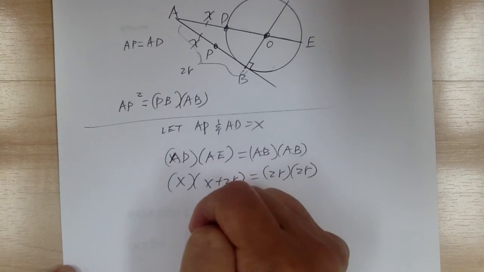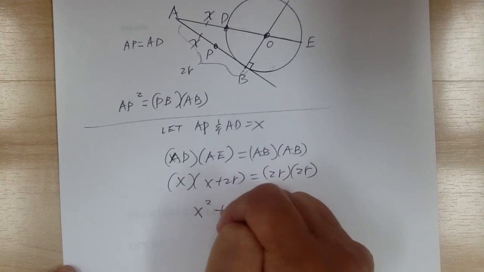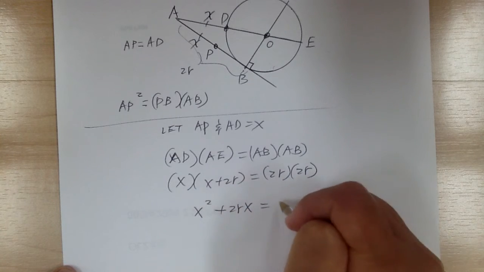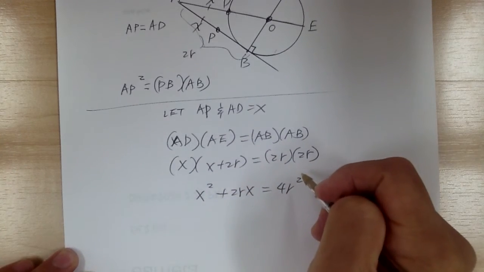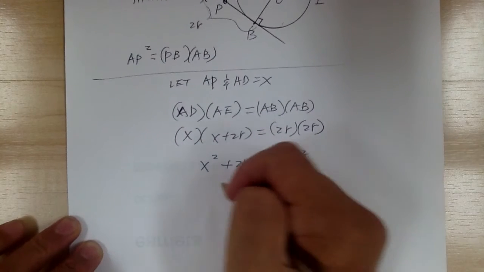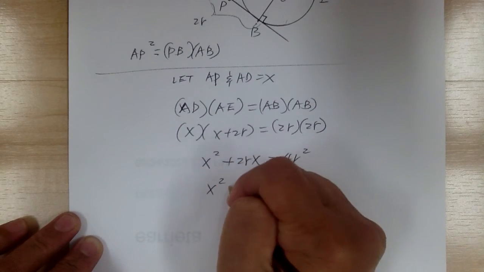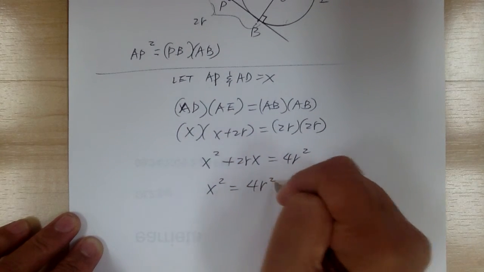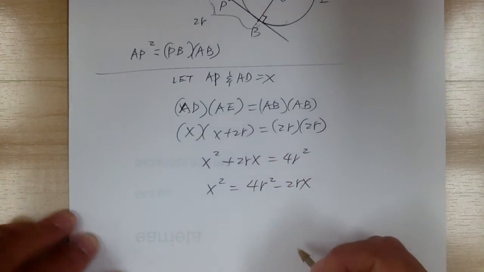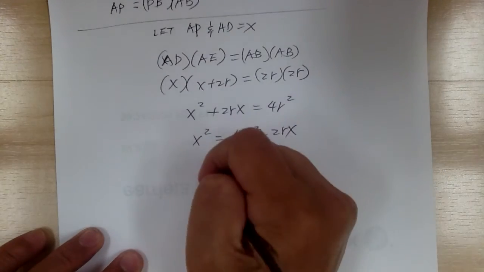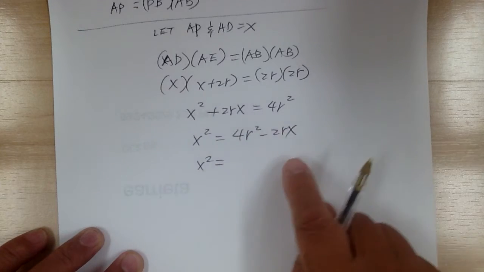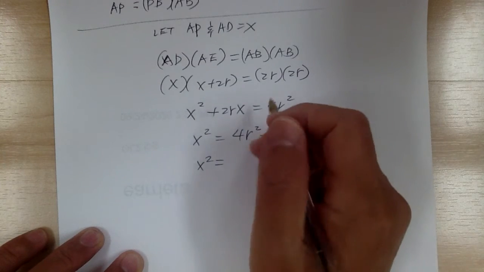After you multiply out, you get x squared plus 2rx equals 4r squared, and you move this over. So you get x squared equals 4r squared minus 2rx. Then factor the 2r to the back.